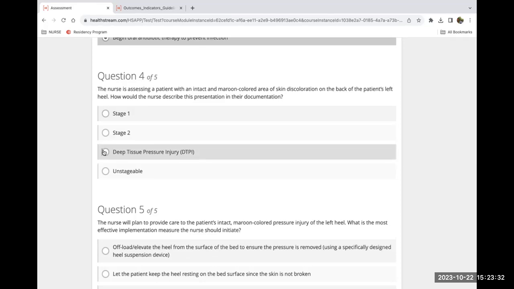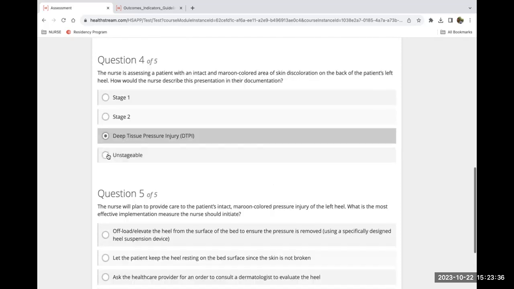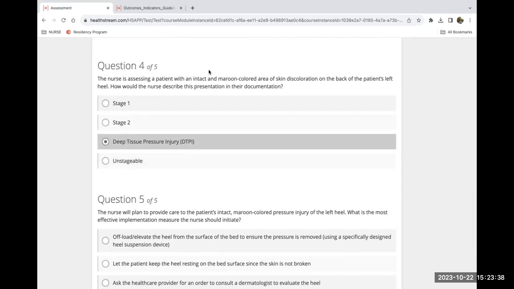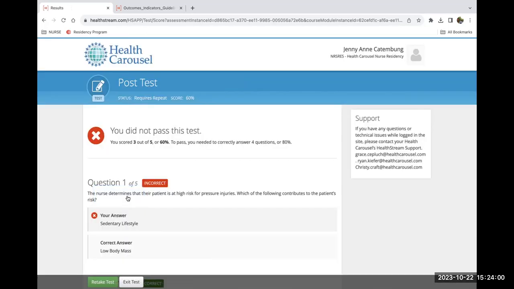Maroon color, intact: deep tissue pressure injury. Offload: elevate the heel from the surface of the bed using a specific heel suspension device.